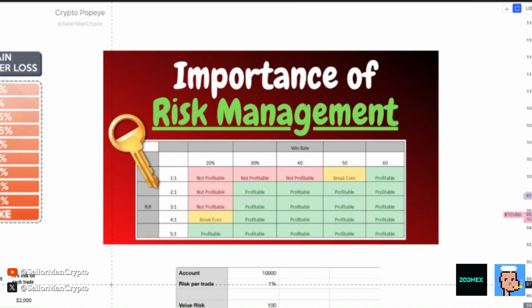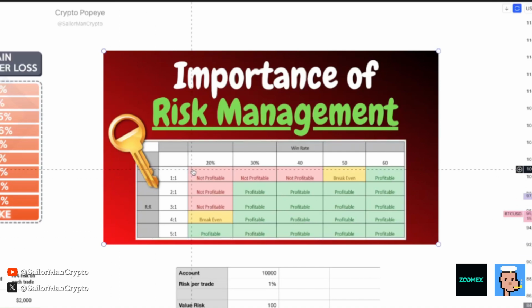As you can see here in the left column, it gives you a 1-to-1 risk reward, which means that you are willing to risk $10 to win $10, or risk 1% to win 1%, while in the last one there is a risk reward of 5-to-1. 5-to-1 means that you are willing to risk $10 to win $50, or to risk 1%, and in case you go to full TP, to full take profit, to win 5% of your account.